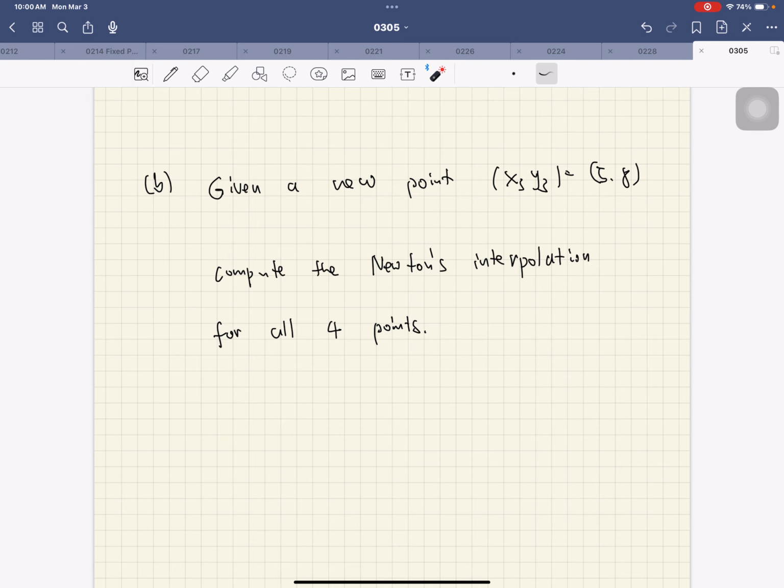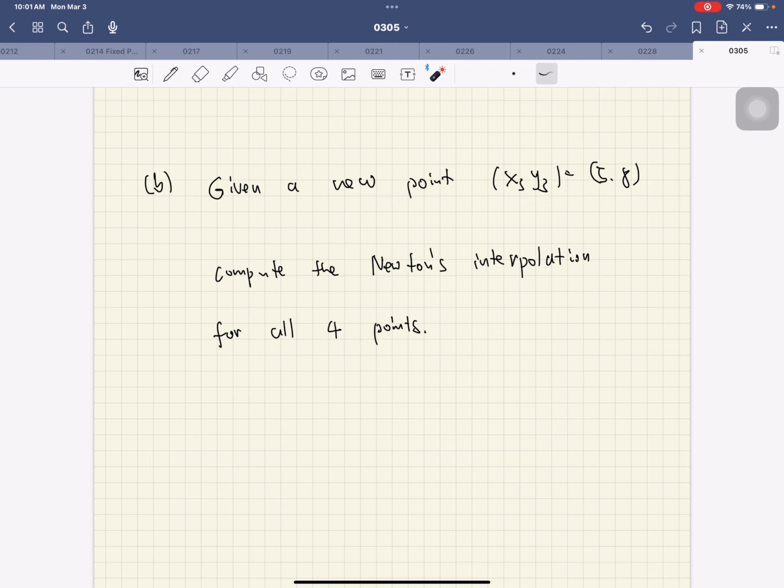However, remember we also have some other choices, right? In your exam or in your homework, you may not see 'compute the Newton interpolation'. Instead, it will only ask you to compute the interpolation. And in this case, you need to know that the easiest way is basically the Newton interpolation.